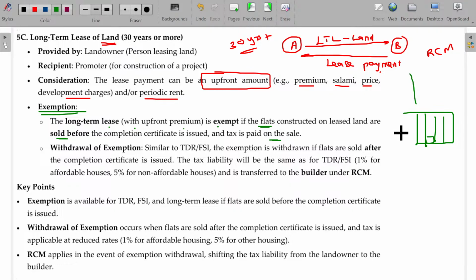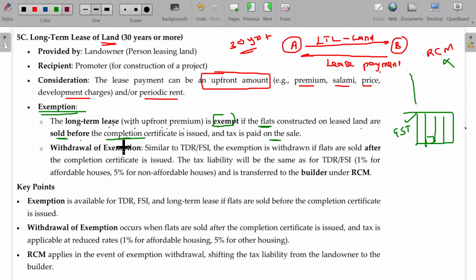But if he transfers before the completion certificate, then automatically GST is applicable. As finally there is GST on the sale, then RCM basis is escaped. On sale, GST is paid. Then RCM basis is escaped.